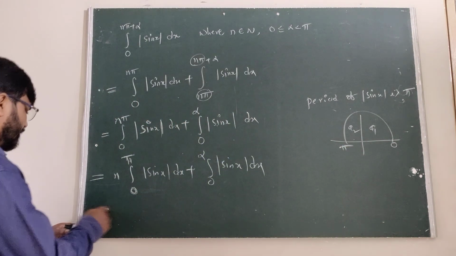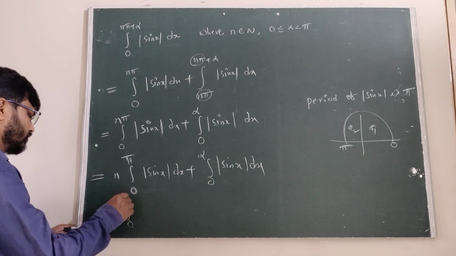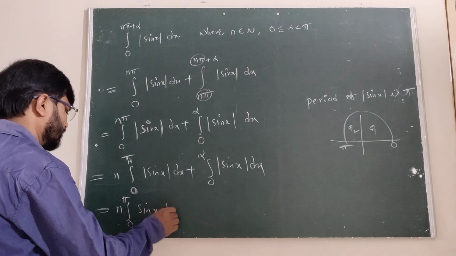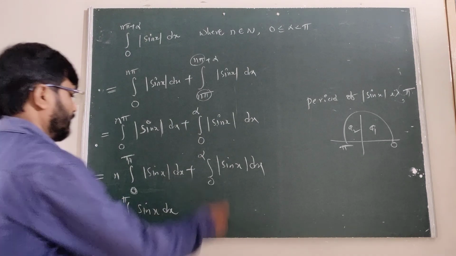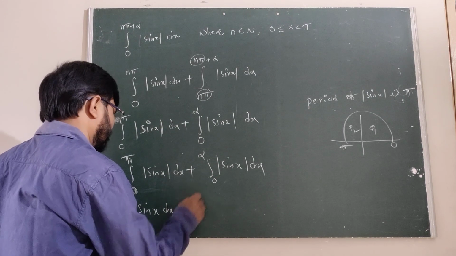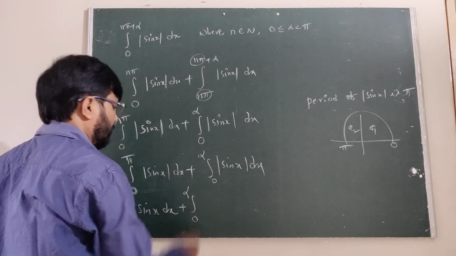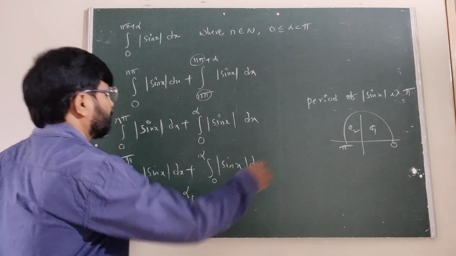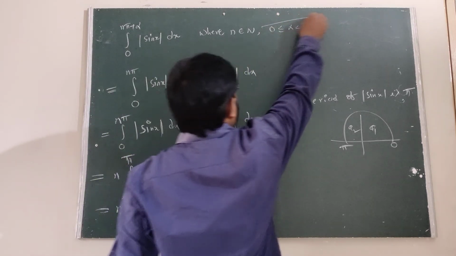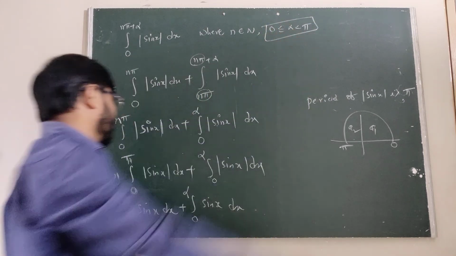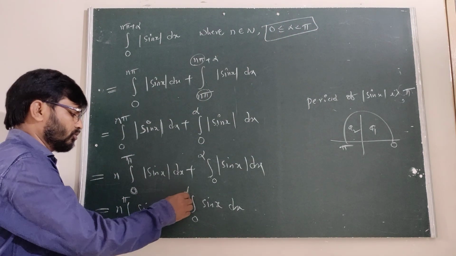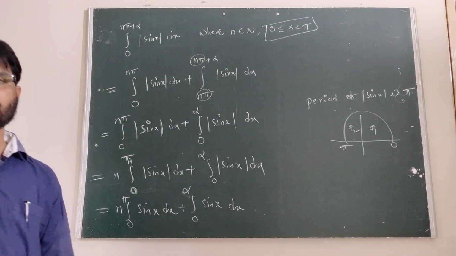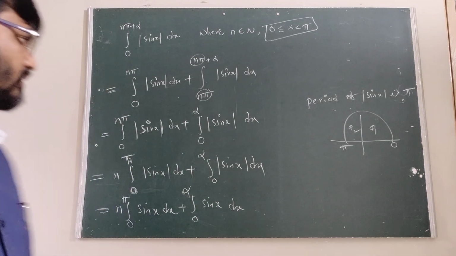Therefore now we can write this is n times the integral 0 to pi of sin x dx. Here also we can write the integral 0 to alpha. Mod of sin x is nothing but sin x, since alpha is also in between 0 to 180. That means mod of sin x must be plus.